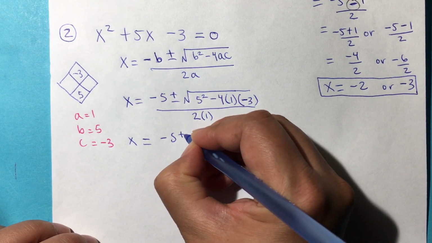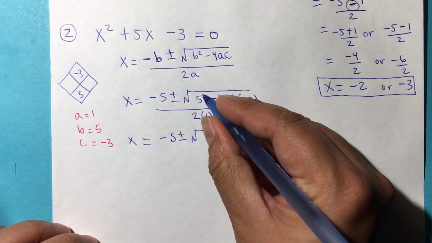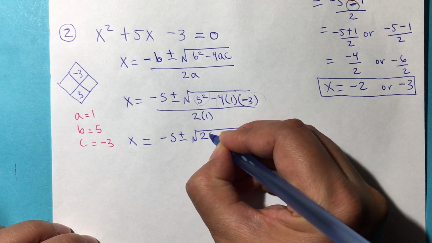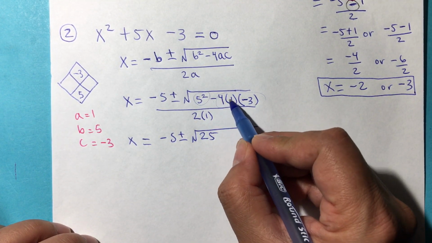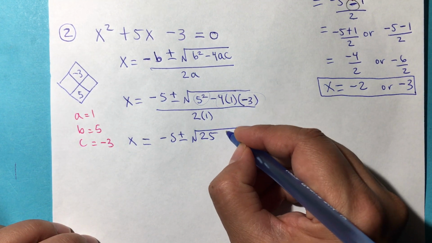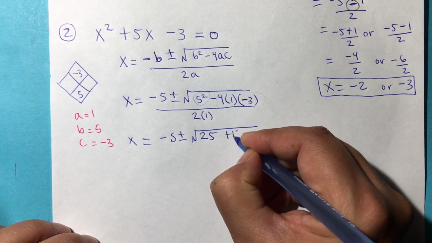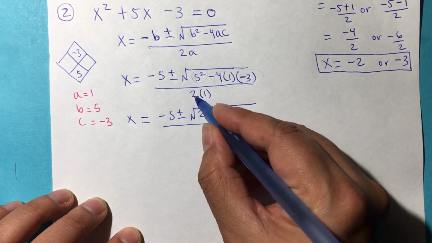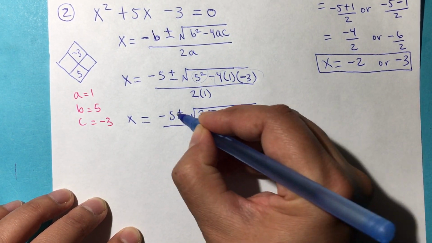So negative 5 plus minus the square root of, we simplify these two parts, and so 5 times 5 is 25. Negative 4 times 1 is negative 4. Negative 4 times negative 3 is positive 12. We divide that by 2 times 1, which is 2.